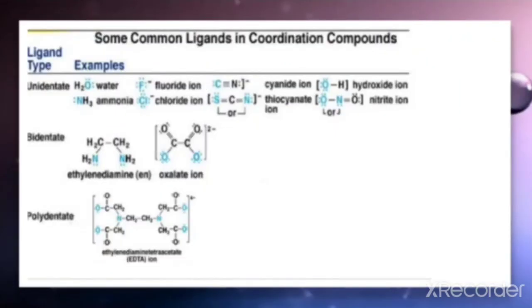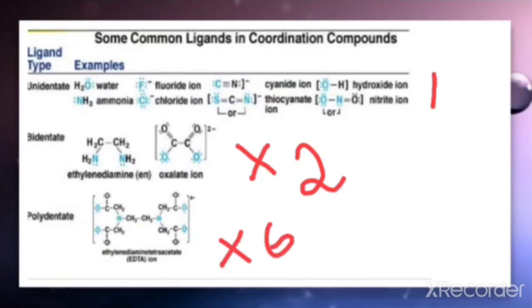Therefore, in order to calculate the coordination number for different complexes, it is necessary to remember whether the ligand is unidentate, bidentate or polydentate. If the ligand is unidentate, you have to multiply the number of ligands with 1, and if it is a bidentate ligand, then it is necessary to multiply the number of ligands with 2, and if it is a polydentate ligand like EDTA, it is necessary to multiply with 6 the number of ligands present.